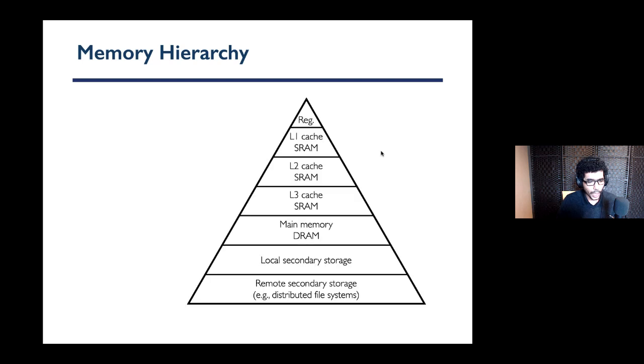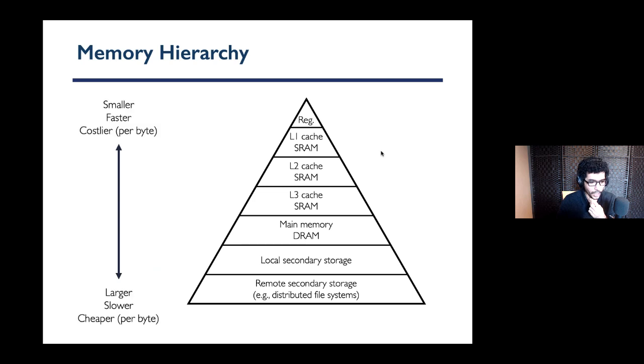Okay, now let's talk about memory hierarchy, something that we will again touch upon later on in the course. So there are 2 trends with memory hierarchy. One is smaller, faster, and larger, slower. And the other one is smaller, costlier, faster, and larger, slower, cheaper.